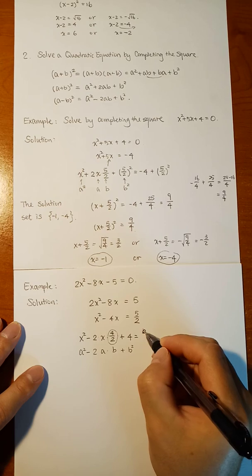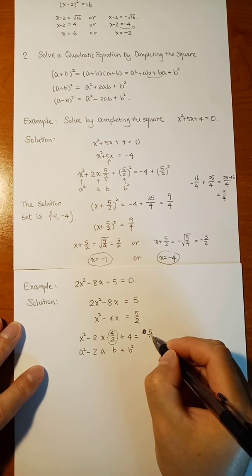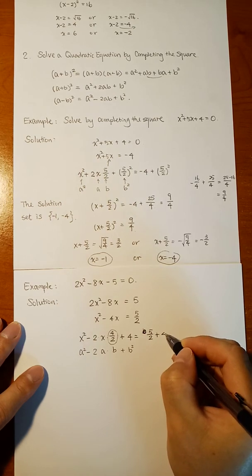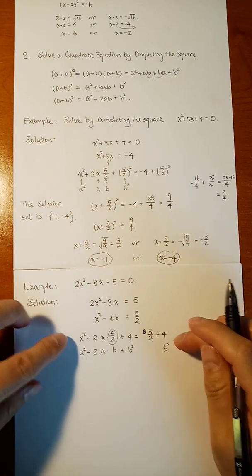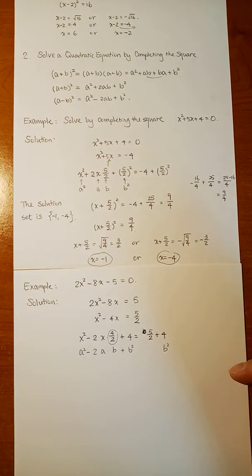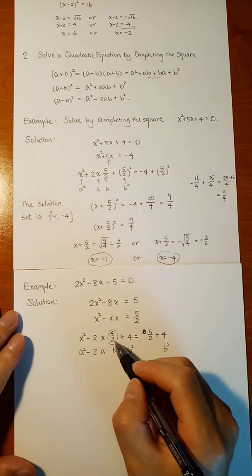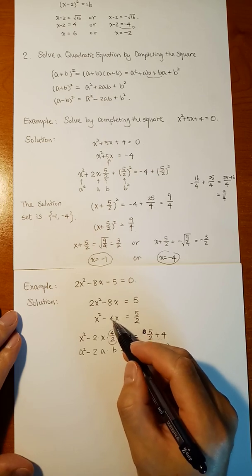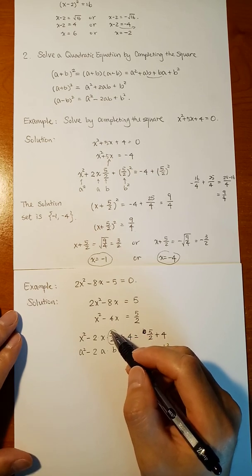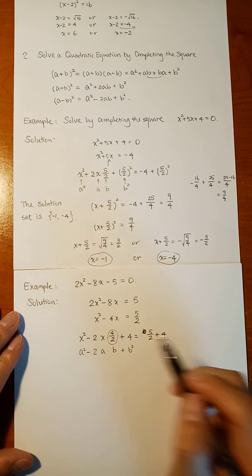Then 5 halves plus also b squared. You add b squared on two sides. See it? So actually here you can always see that this number is half of the original coefficient.